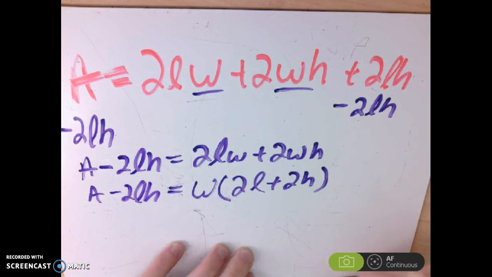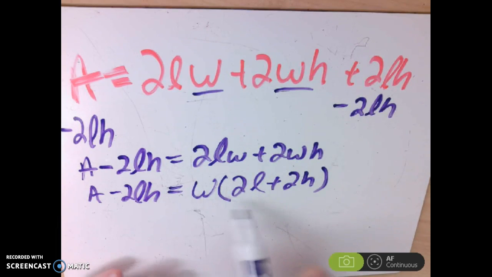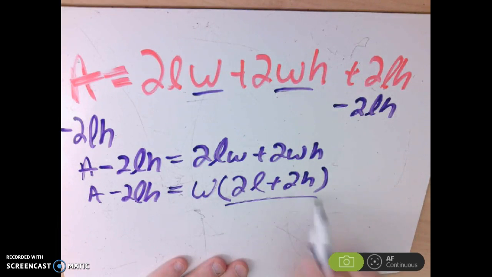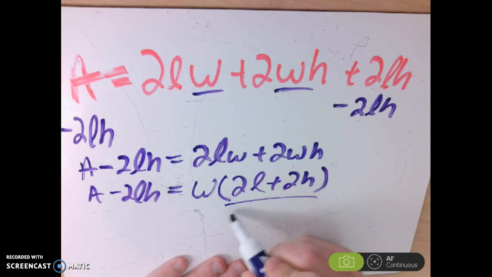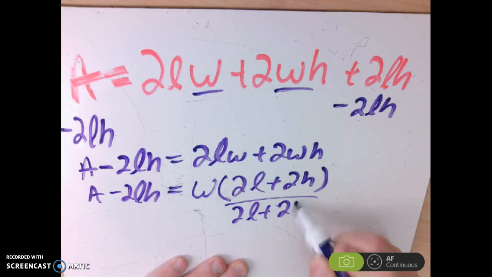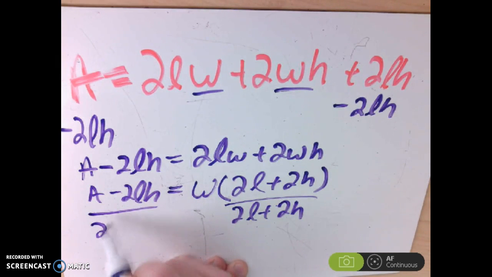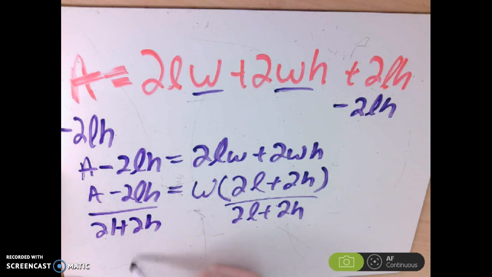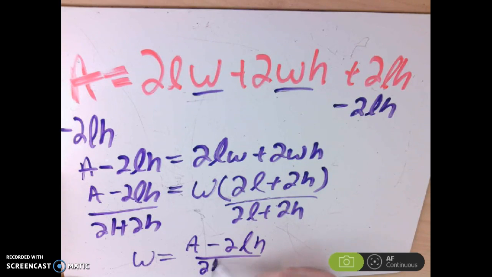Okay, and now, so I have W is multiplied by all of this. So let's just divide by all of that, 2L plus 2H divided by 2L plus 2H. And so I'll get W equals A minus 2LH over 2L plus 2H.